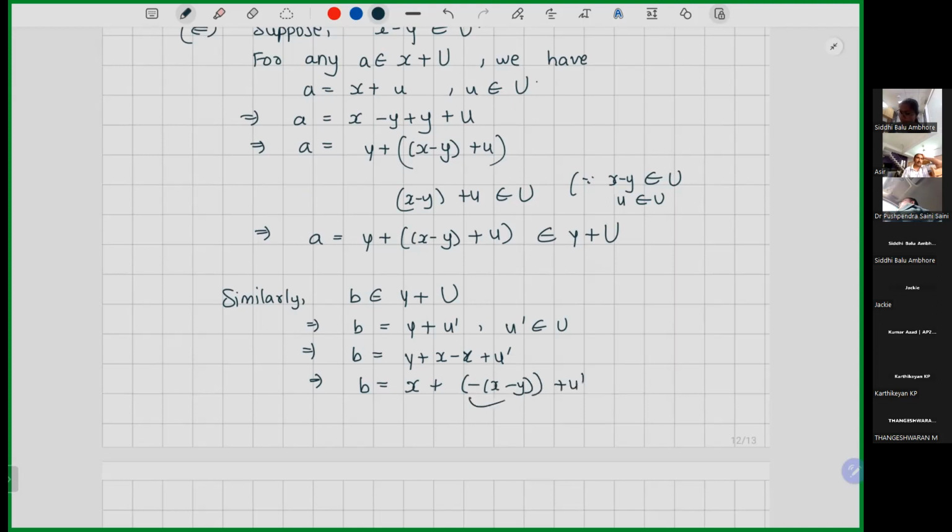And this is now an element in u, so this implies that b belongs to x plus u. Any doubts here?